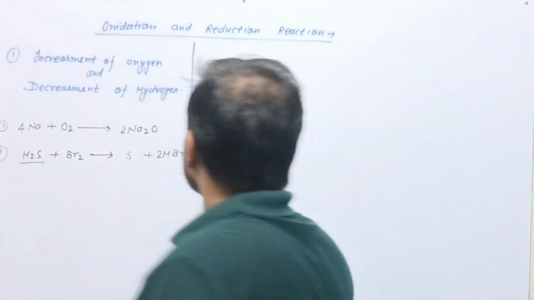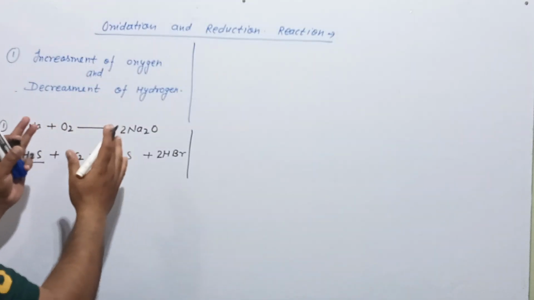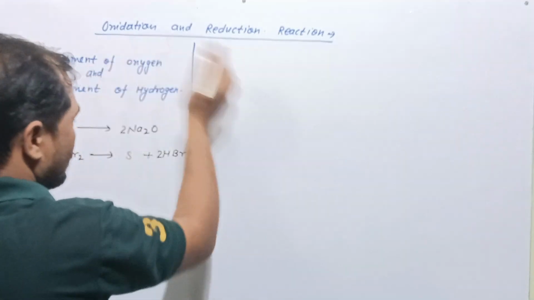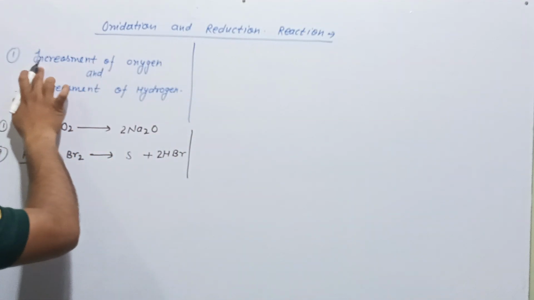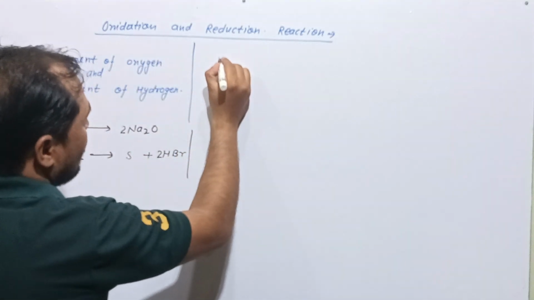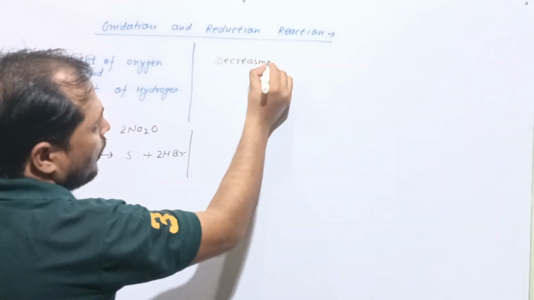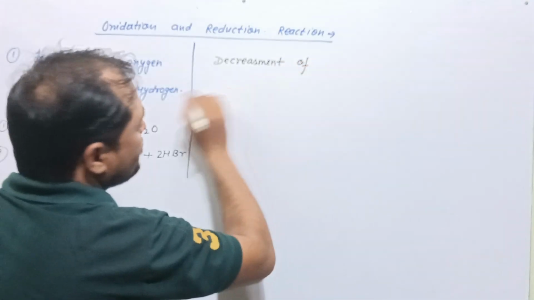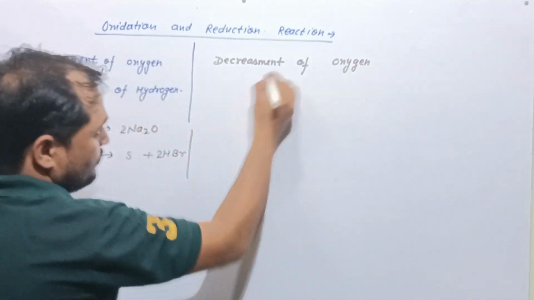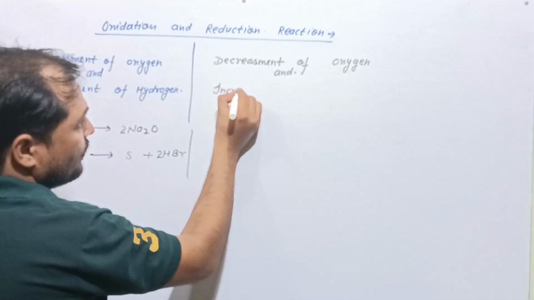Now let us start the other part, reduction reaction. Reduction means the same statement in the opposite direction. Oxidation is increase of oxygen; in reduction it becomes decrease of oxygen and increase of hydrogen.